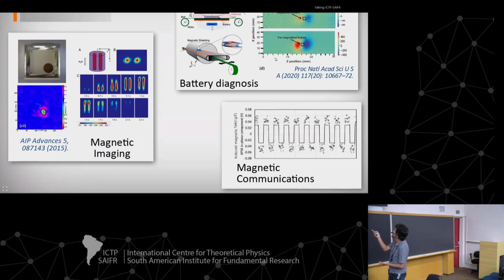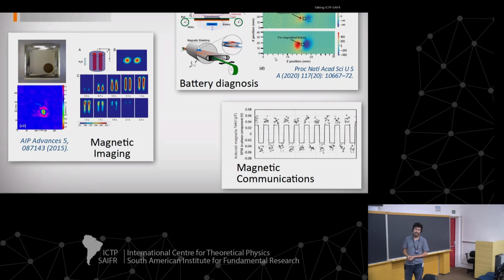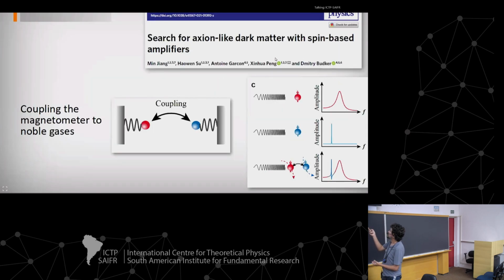And also, in this work, it's been shown that it is possible to do magnetic communication, because in underwater situations, or in mining, for instance, where you don't have the standard communication with GPS or things like that, it is also possible to do magnetic communication using these kind of sensors.